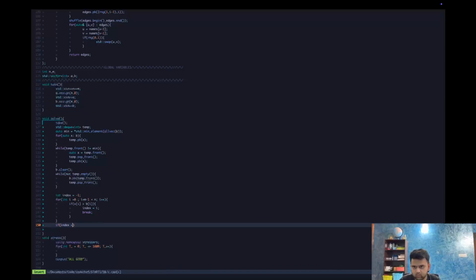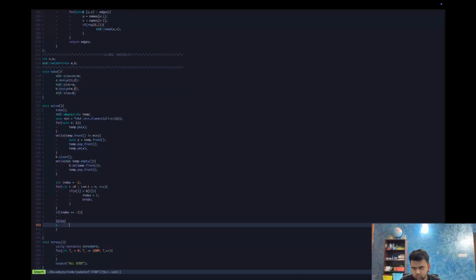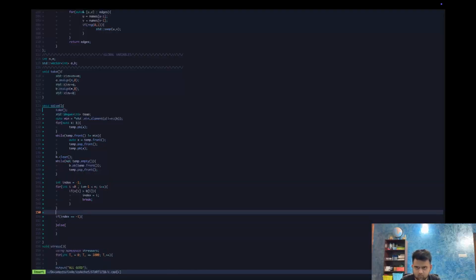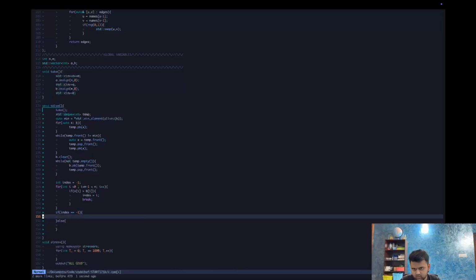If index equals -1, else. So let me just do where alternate. Actually, no, this is cringy. I'll just make separate cases.